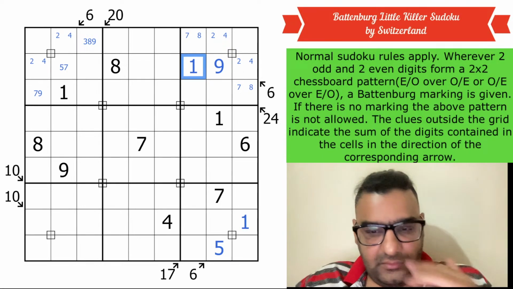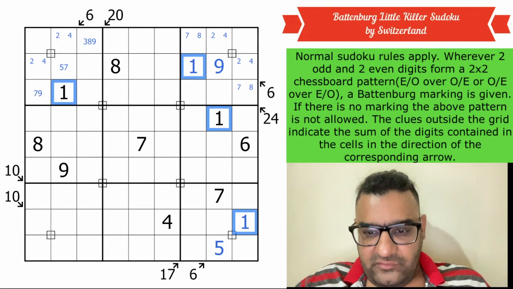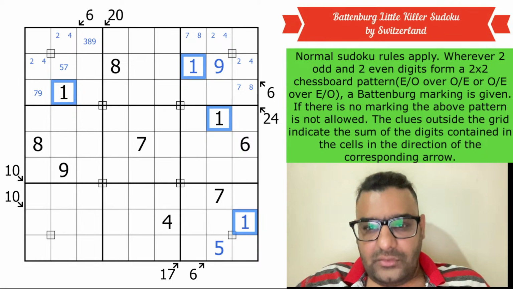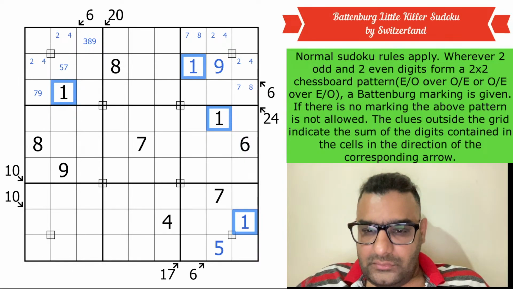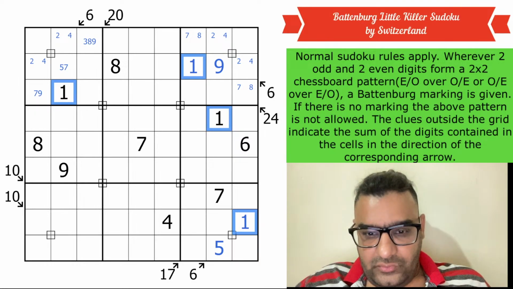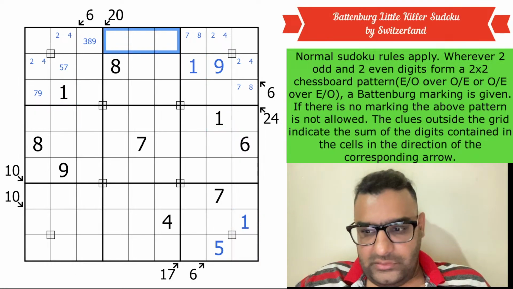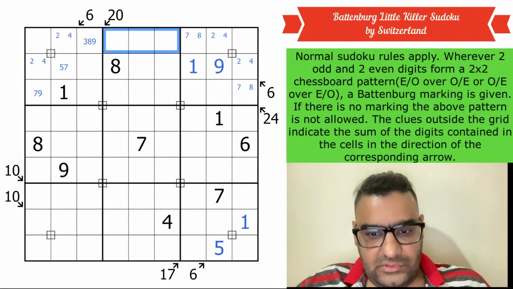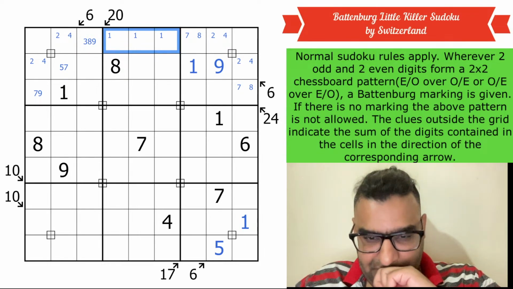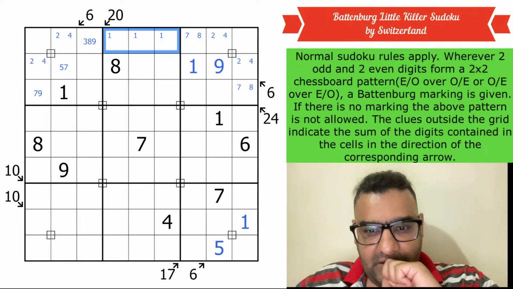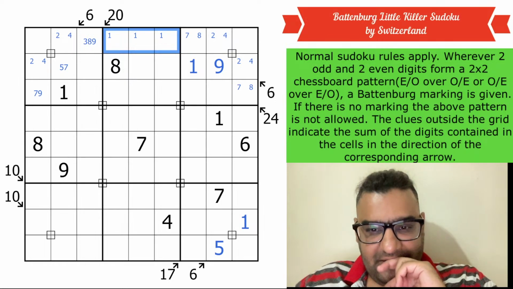Okay, where was I? So we have a 1 in here. So by Sudoku, 1 should be in here. So these three should have a 1 in any place.